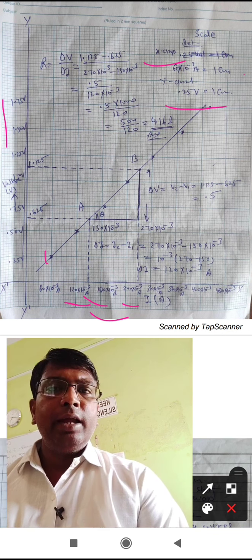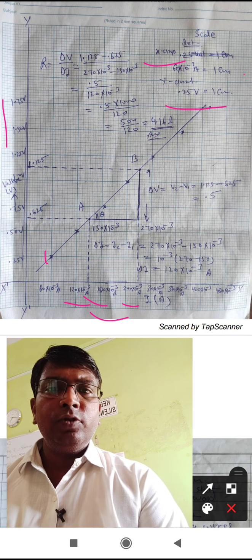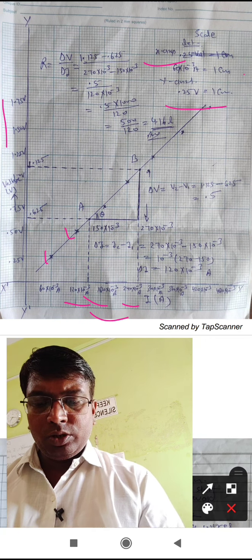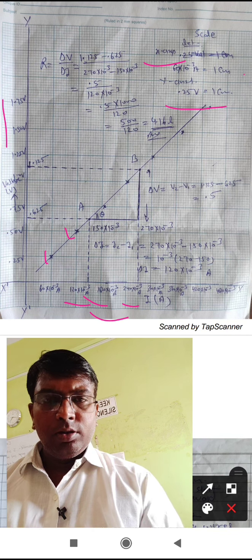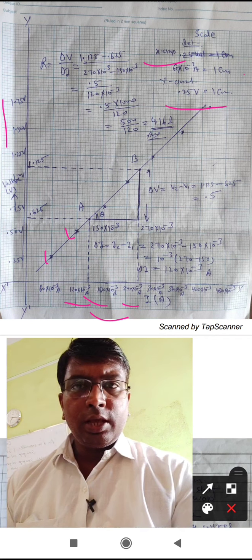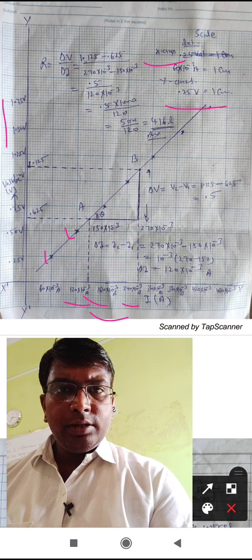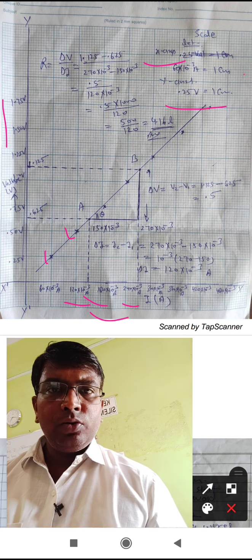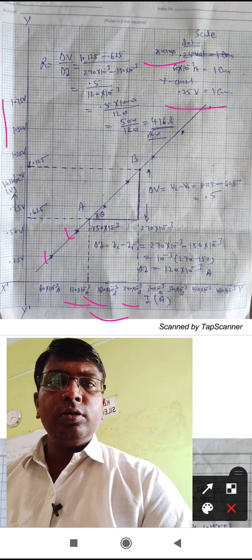Then draw the second point, 0.50 volt and 120 into 10 to the power minus 3 ampere, and for the third point, 0.75 volt and current equals 190 into 10 to the power minus 3. So we draw these points.